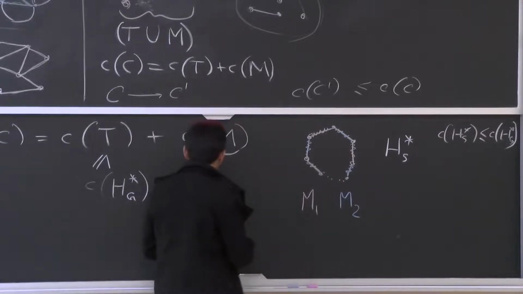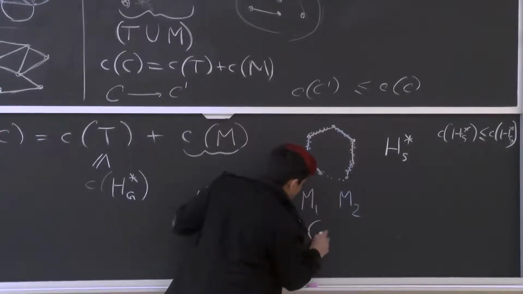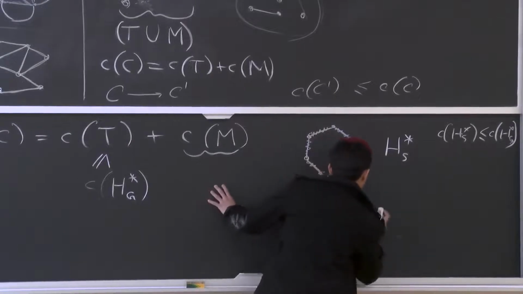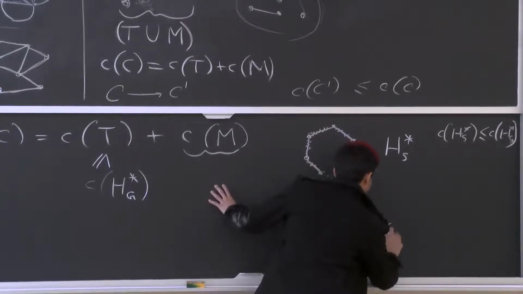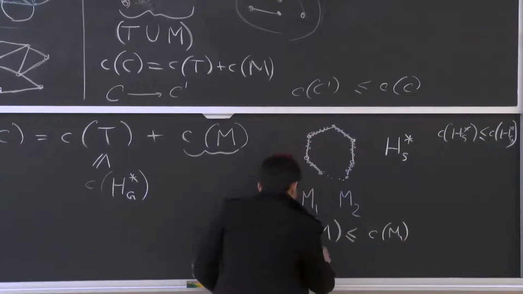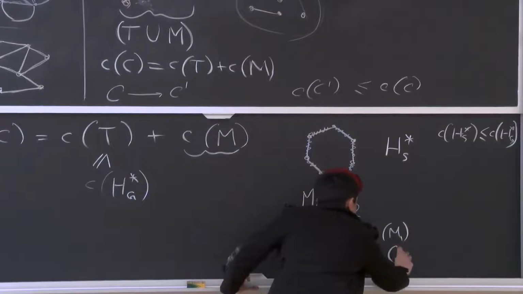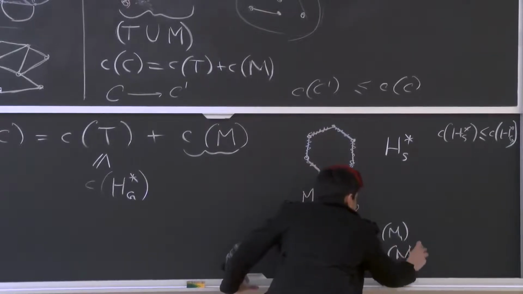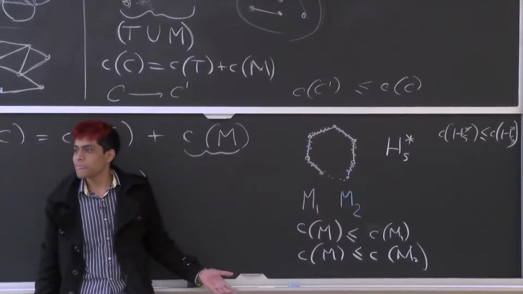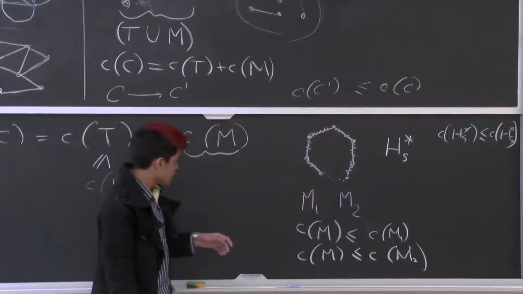And because we know the minimum matching is M, cost of M is less than or equal to cost of M1. And also, the cost of M is less than or equal to the cost of M2. Make sense? Because M was the minimum cost matching. You have cost of M is less than any other matching which is constructed from this.